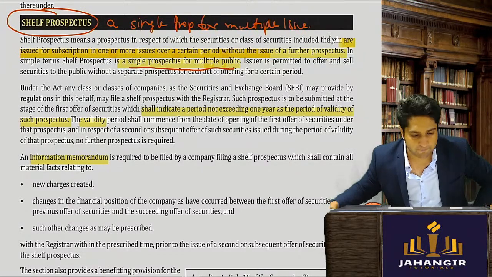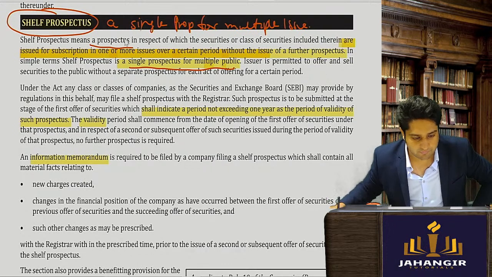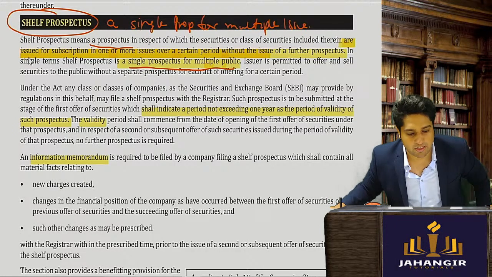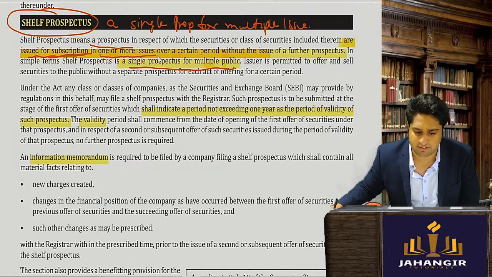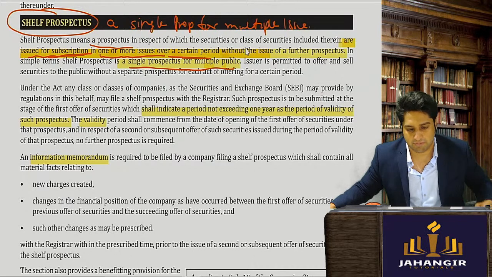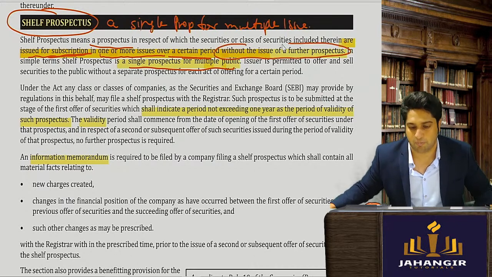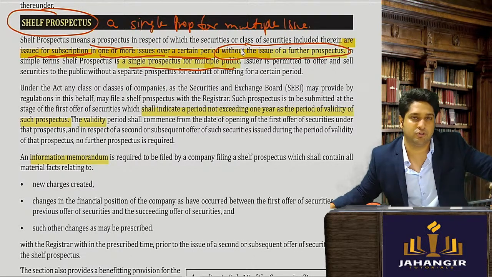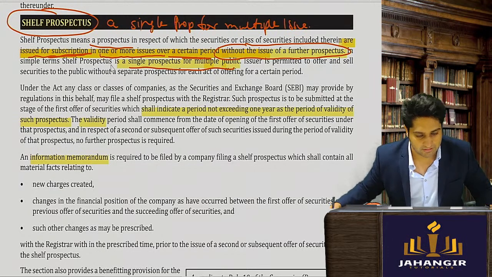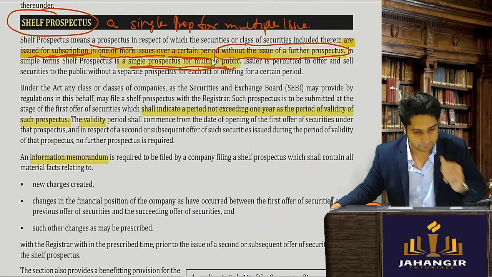A shelf prospectus means a prospectus which lists securities in respect of offers for subscription in more than one issues for a certain time period without issue of further prospectus. So every time I don't have to issue prospectus. So in other words, it is a single prospectus for multiple issues.